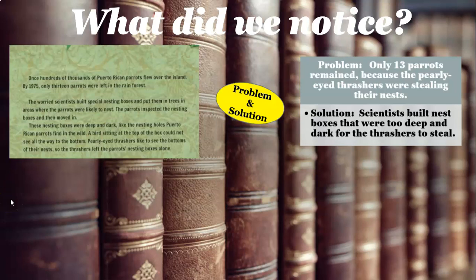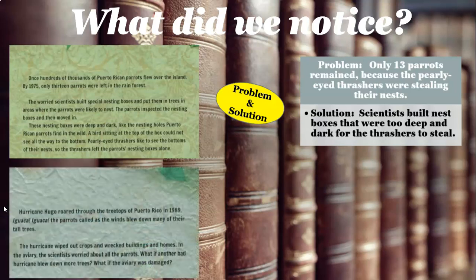But that's not the only way that the authors organize their information in this book. Take a look at page 28. What kind of organization structures do we have here? We have problem and solution. I think, is it time order? Is it chronological order? Is it cause and effect? Is it compare and contrast? What are you guys thinking?